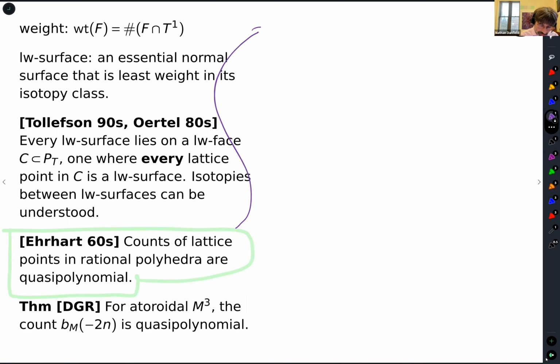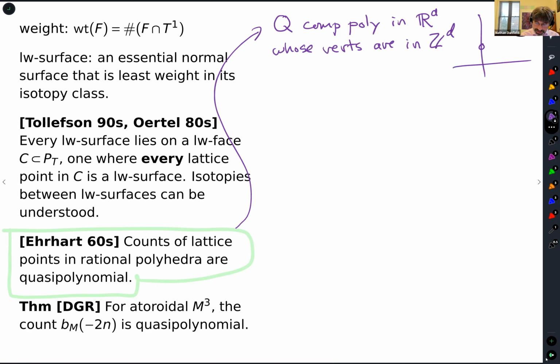Maybe the very simplest form of Ehrhart's result is this. Let's say we have a compact convex polyhedron Q in R to the D, and let's say the vertices are lattice points. We're just thinking of the simplest example. In 2 dimensions, Q is just the unit square at the origin.